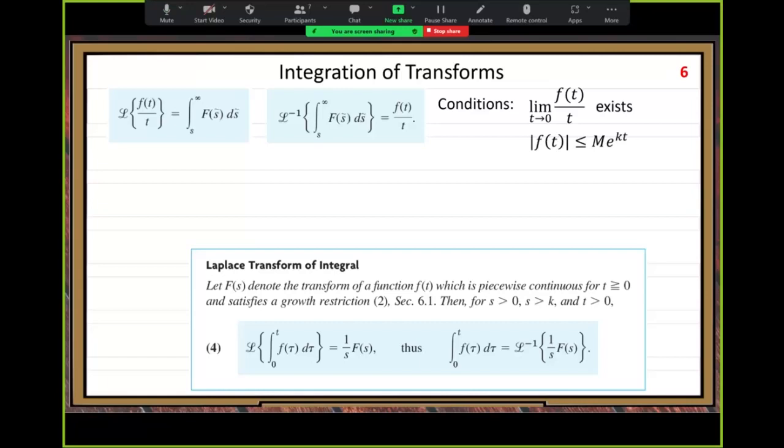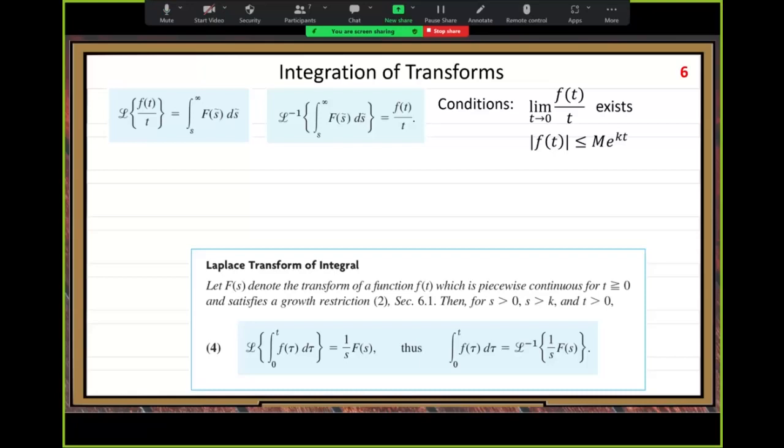Second condition: in order to make sure the Laplace transform of little f exists, little f should be bounded by capital M times e to the kt, for a certain constant k.